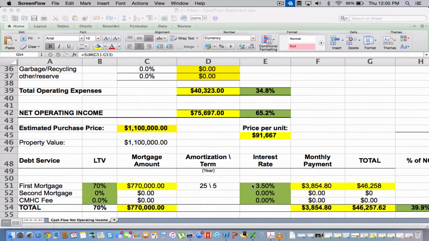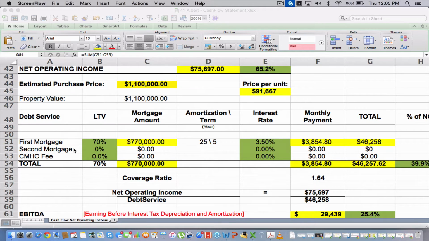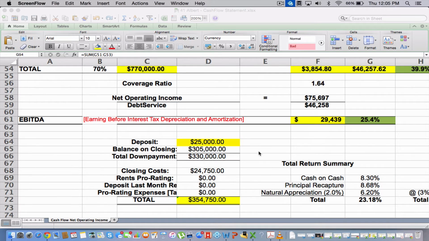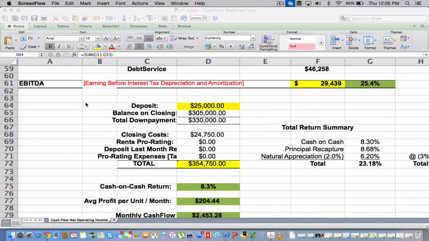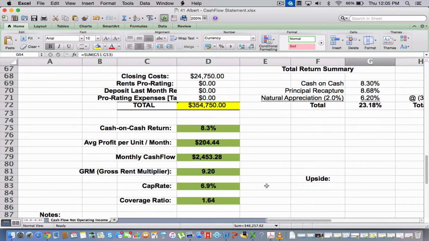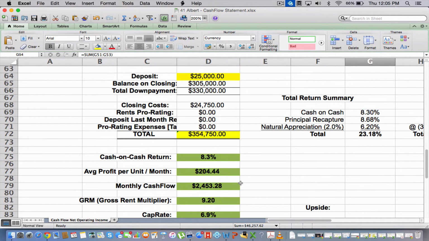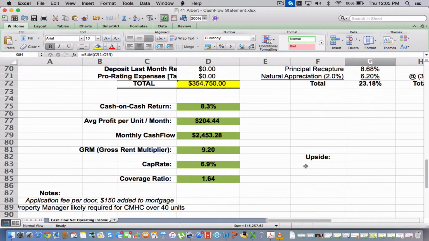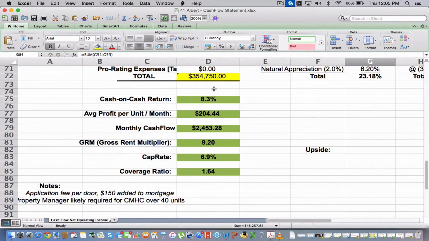The third, the financing, or calculating how the financing is going to break out. The fourth is knowing your down payment. And the fifth is down here, and that's basically the results or your cash flow or kind of what's going on with the property. So your total return and your cash flow statements here.